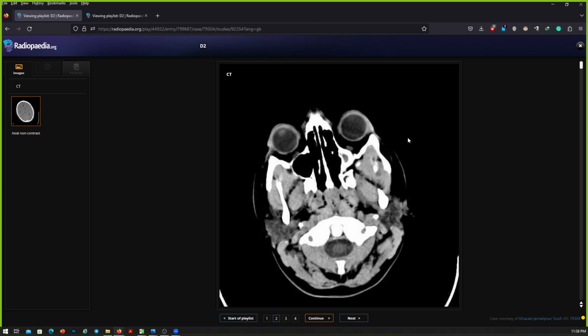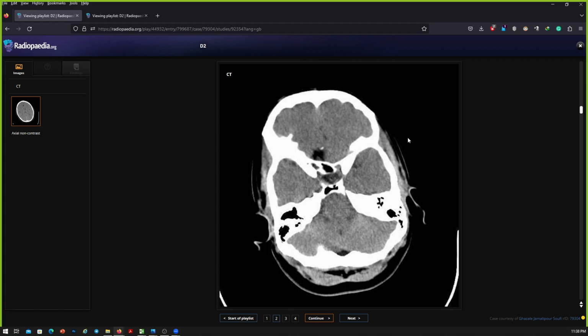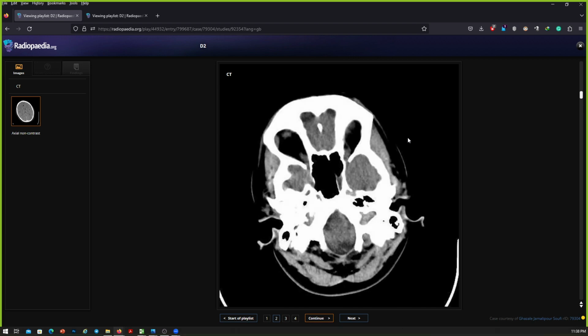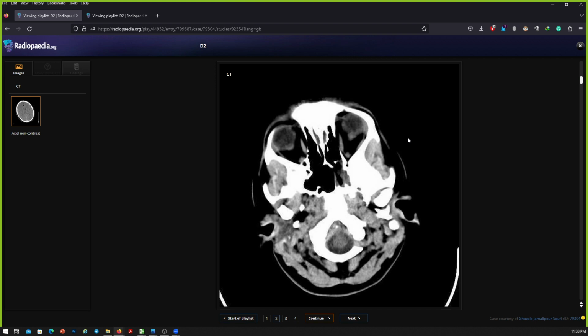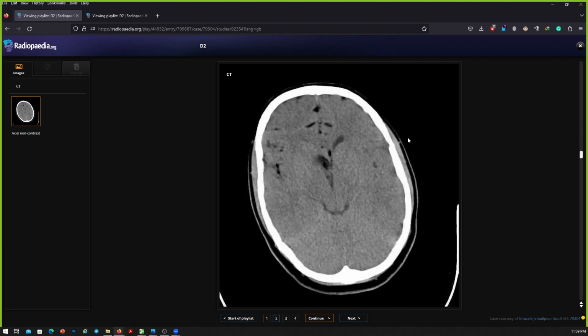Okay, so this is a CT scan without contrast for a patient who presented with headache. I'll start scrolling from down to up. I will take a general look.